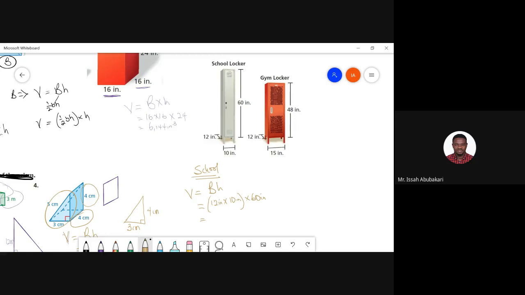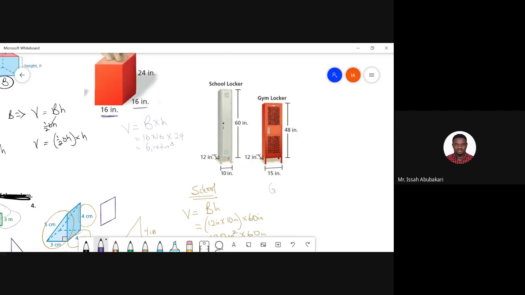Now, 12 inches multiplied by 10 inches should give us 120 inches squared, multiplied by 60 inches. And this should give us 120 times 60, which is 7,200 inches cube.